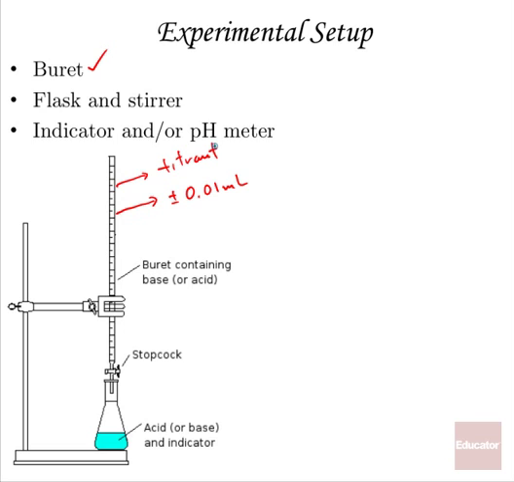All right then. Inside the flask then goes two things. It goes the analyte and also what we call an indicator. An indicator's job is the following. It's going to provide a visual sign of when the titration is complete.